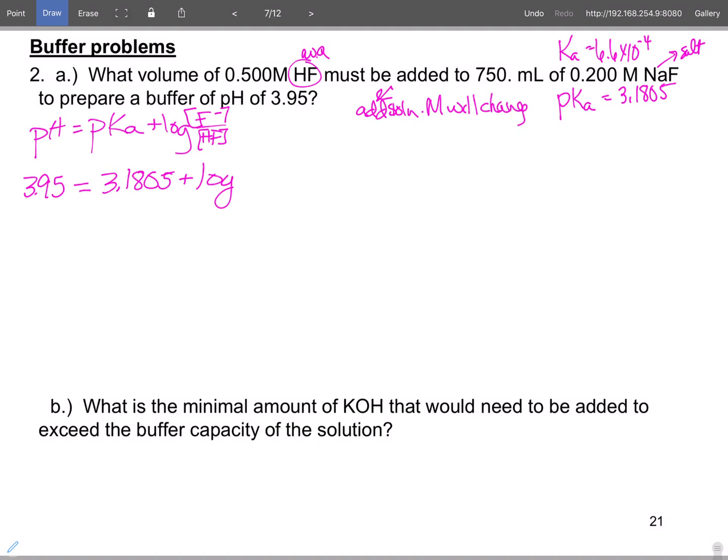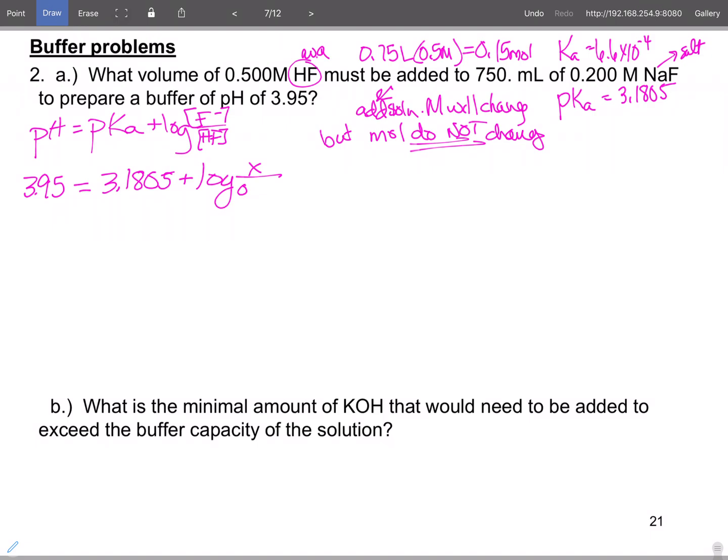But the moles do not change. So what we need is moles. So if we take 0.75 liters and multiply it by 0.5 molar, then we end up with 0.15 moles of our acid. So we're looking for X over 0.15.